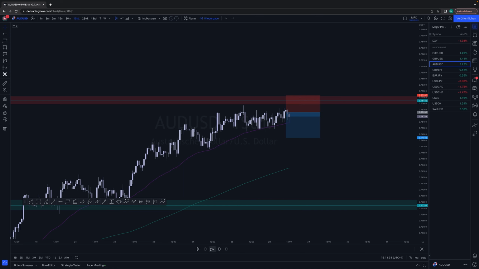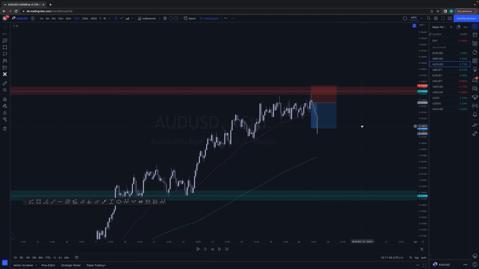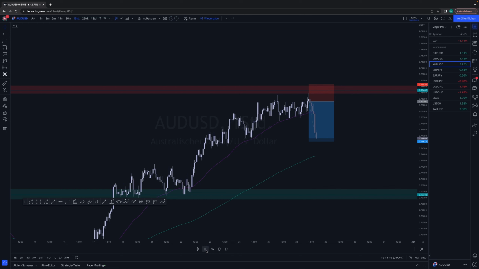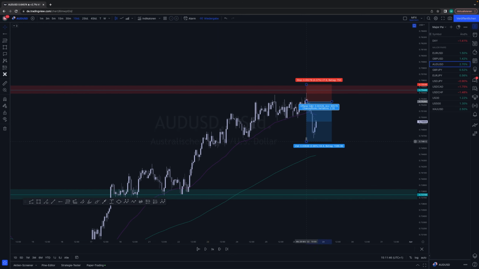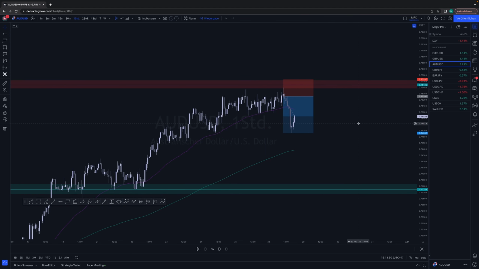So when I play this out, we smashed our take profit right here, and if you wanted to run about a 1 to 2, we already get here a 1 to 2. So I will now go out of this position because we go against the trend.